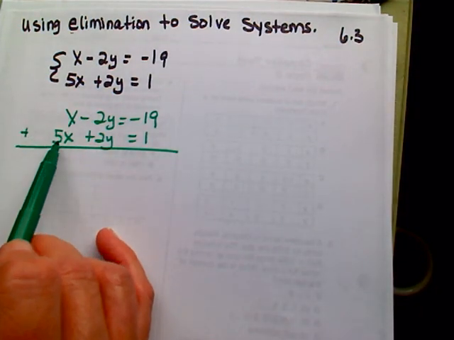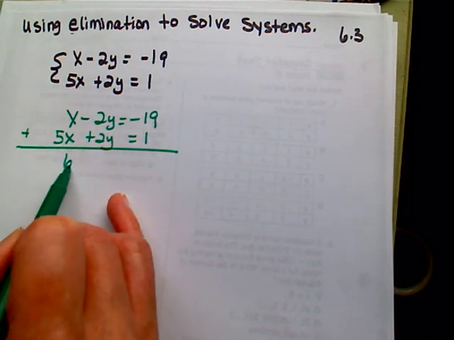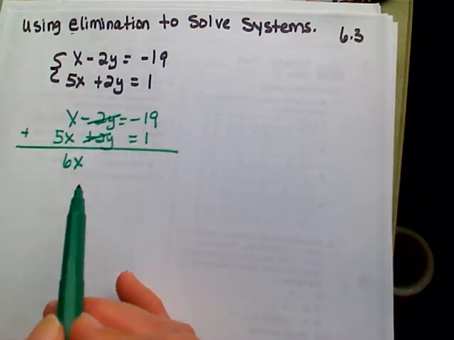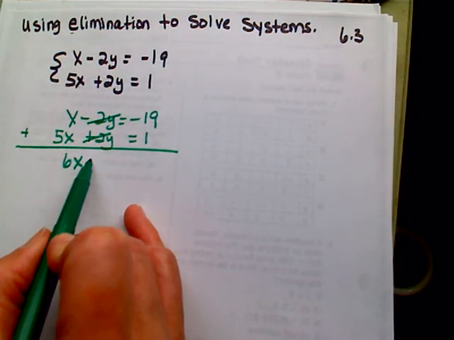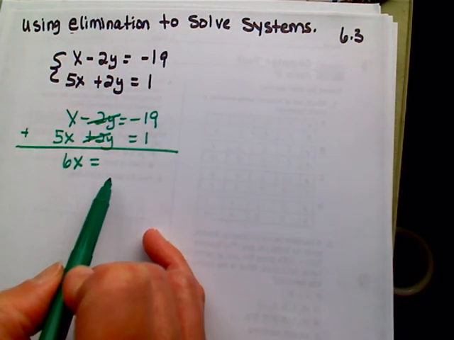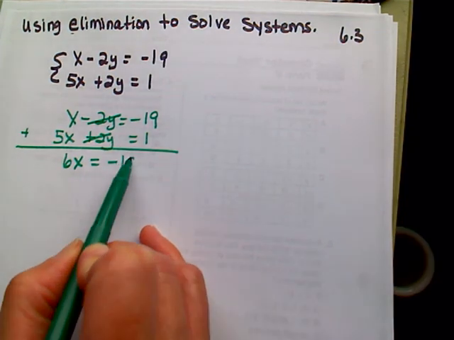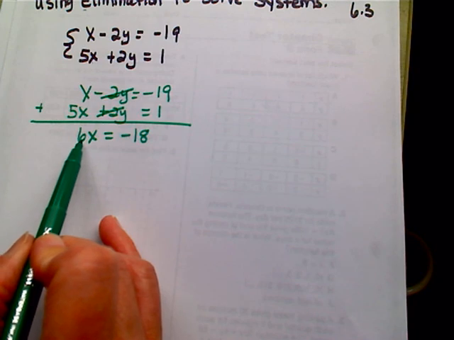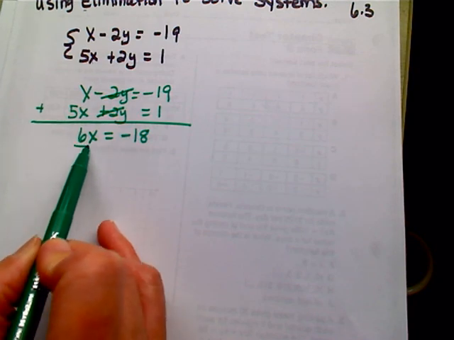So I have x plus 5x, that's going to give me 6x. Negative 2y plus 2y cancels out, leaving me with negative 19 plus 1, which is negative 18. Now the x is being multiplied by 6. I need to undo that, and I'm going to divide by 6.